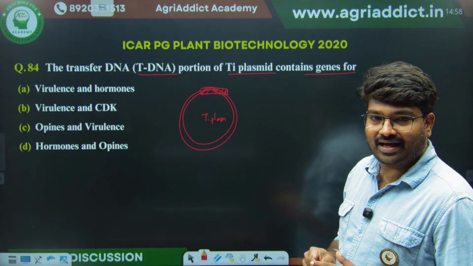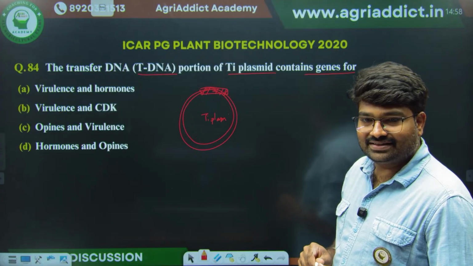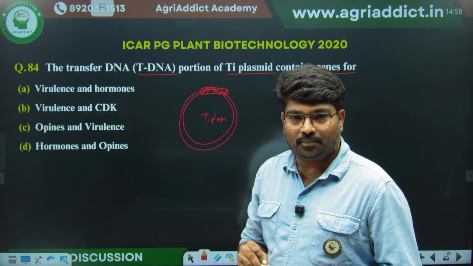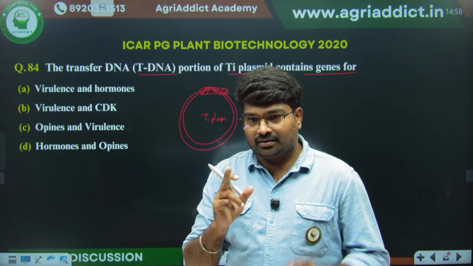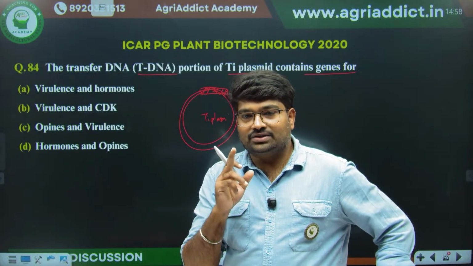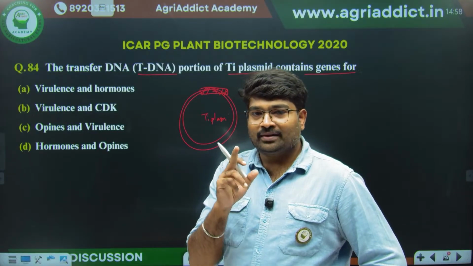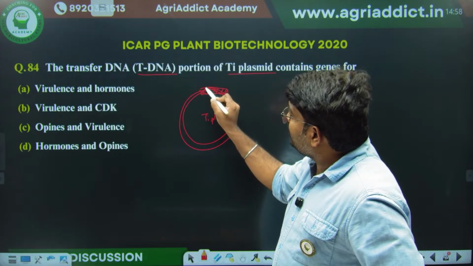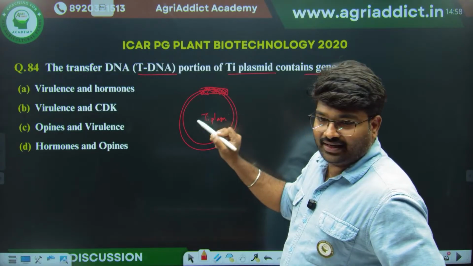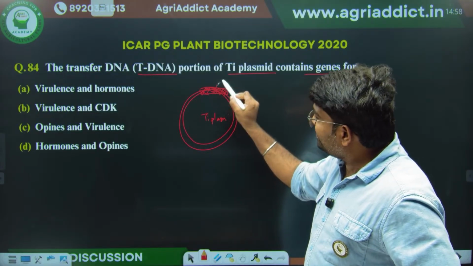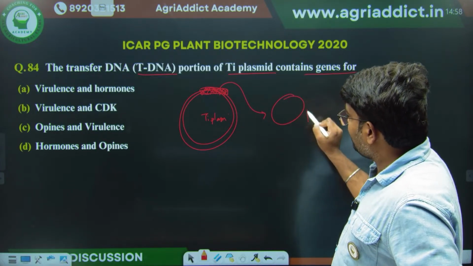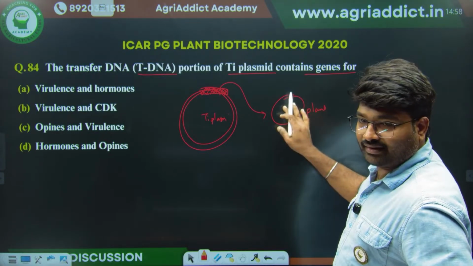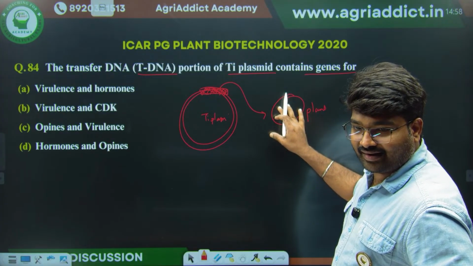Virulence and hormones, virulence and CDKs, opines and virulence, or hormones and opines? What will be the answer? Read the question properly. Particularly, they are asking about the T-DNA region only. We know this T-DNA region will go and integrate into the genome of the plant. If it is integrated, what will happen?